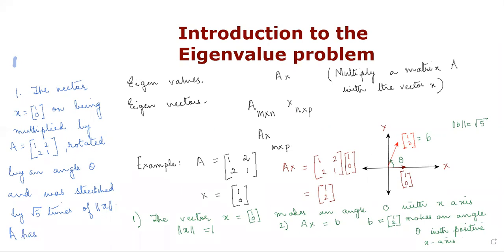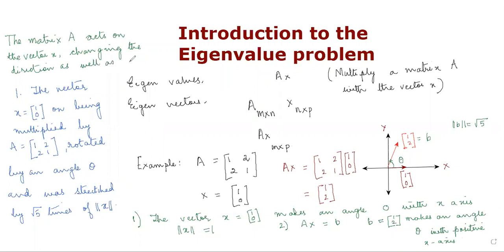So you can write that the matrix A acts on the vector x, changing the direction as well as the magnitude of x.